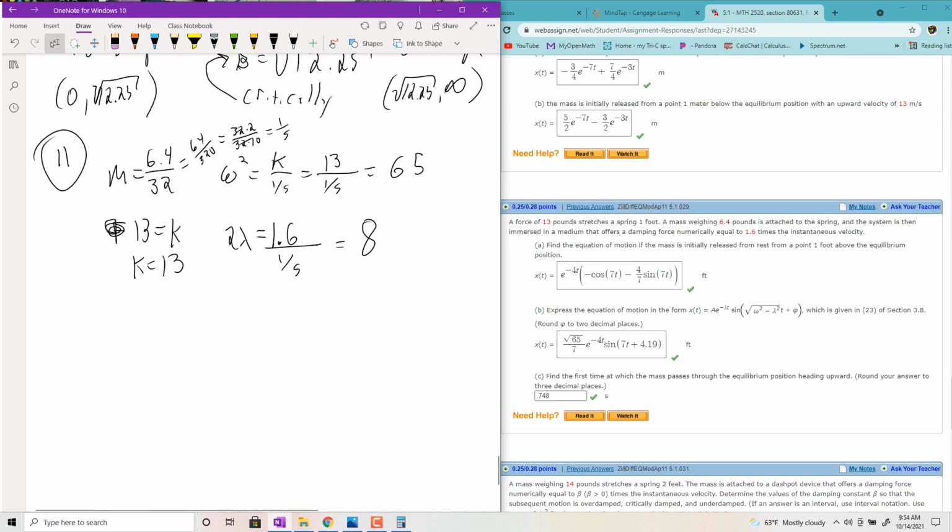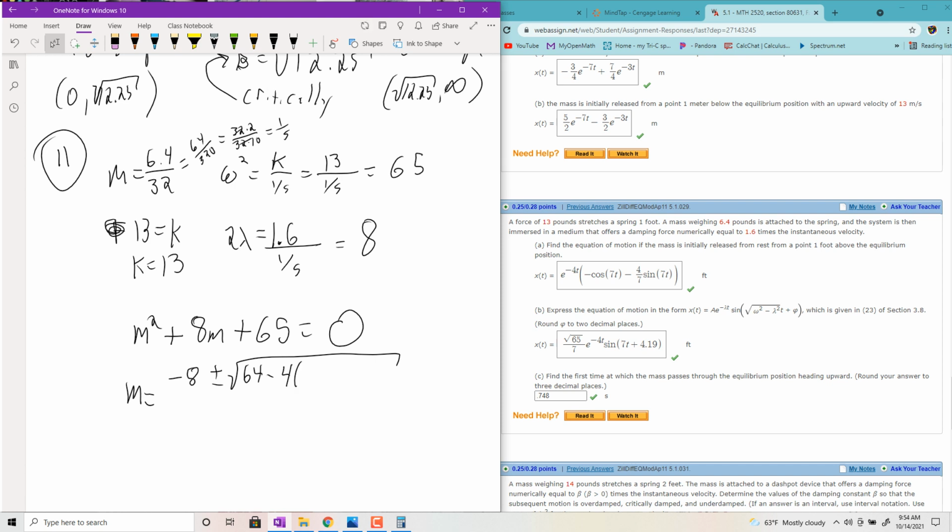Now I'm going to form my auxiliary equation. So it's going to be m squared plus 2 lambda m plus omega squared equals 0. Can I even factor that? It doesn't look like it, so I've got to go to the quadratic. -8 plus or minus the square root of b squared, 64, minus 4 times a times c, which is just 1 times 65, all over 2.